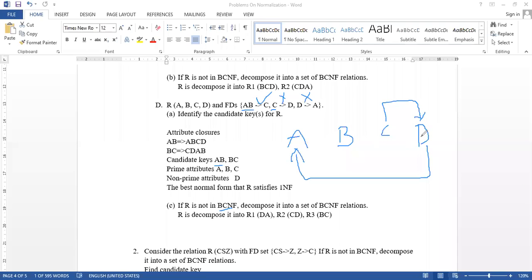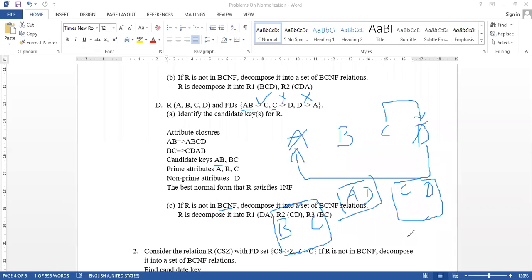C to D, then D to A. Now keep AD in a separate table. Next, keep CD in a separate table. What about the remaining attributes? Keep BC in a separate table.